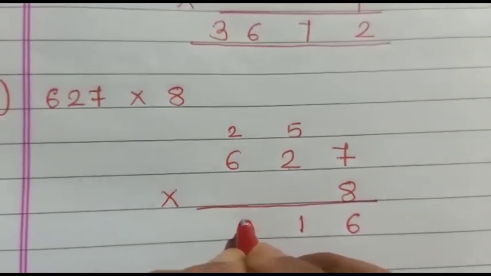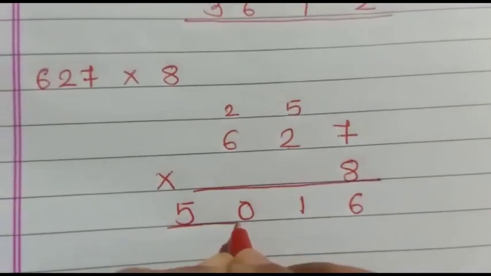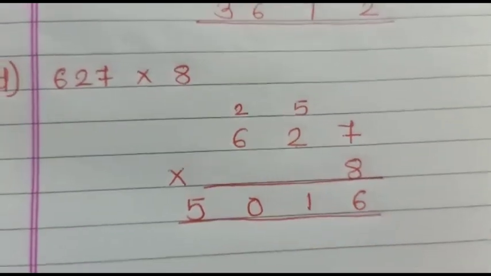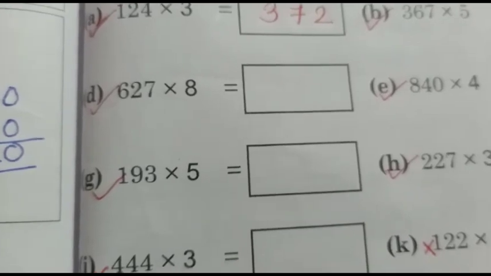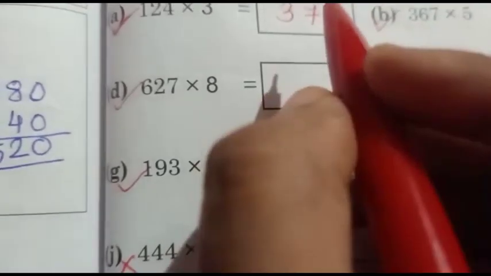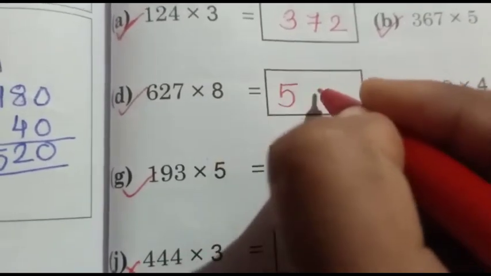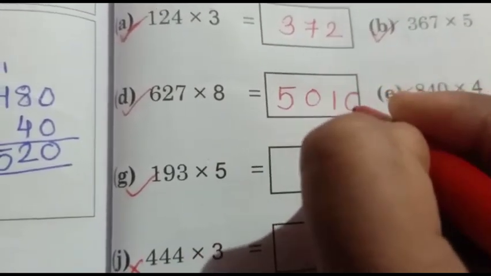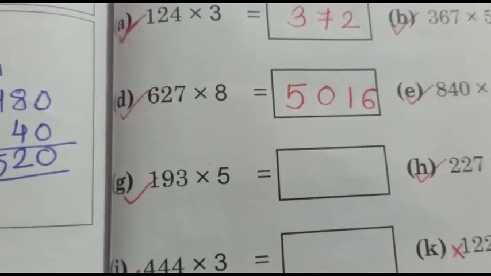So 0 and 5, that is 5016. So students, in the combined book you will write the answer as 5016. Okay, in this way you have to write the answer in the combined book.